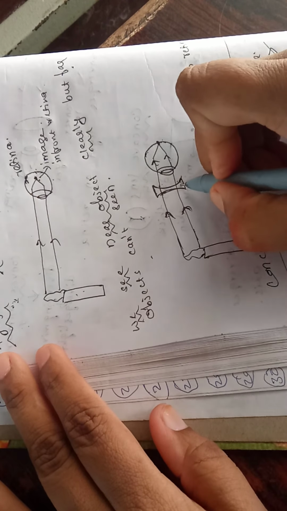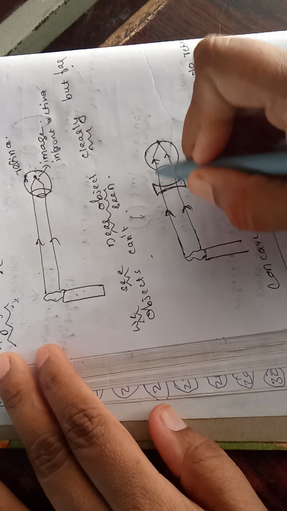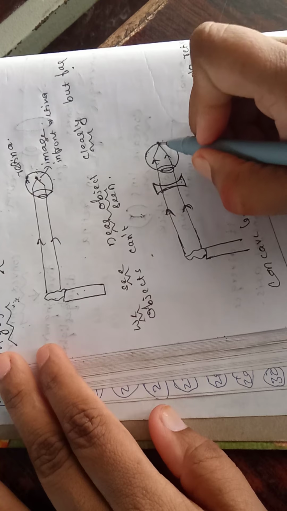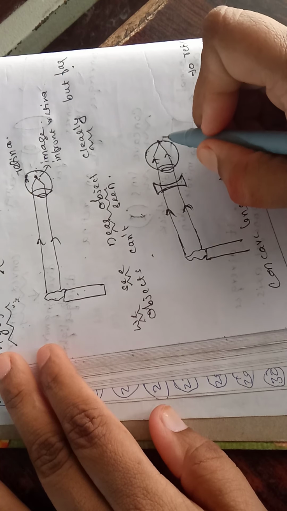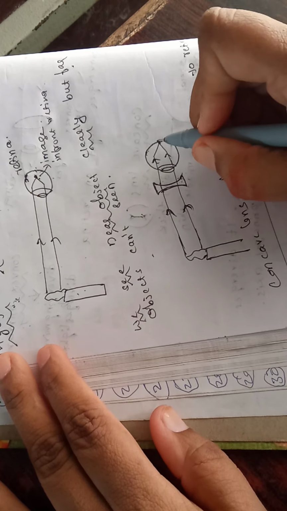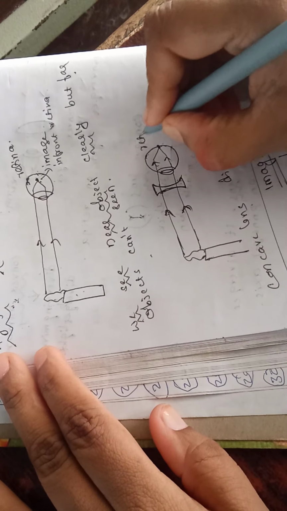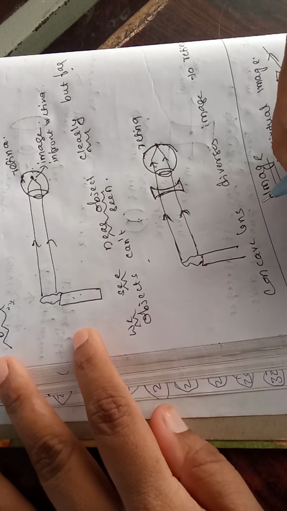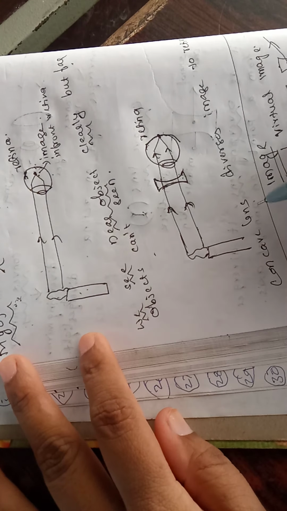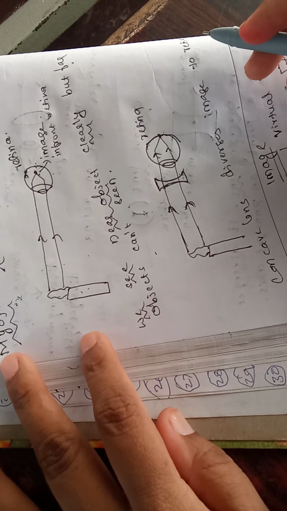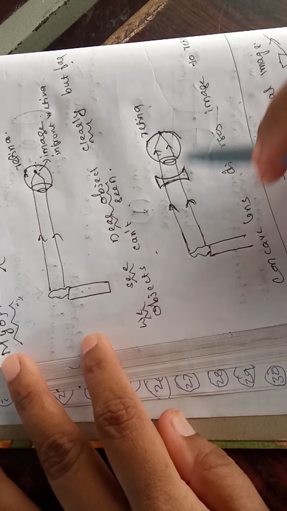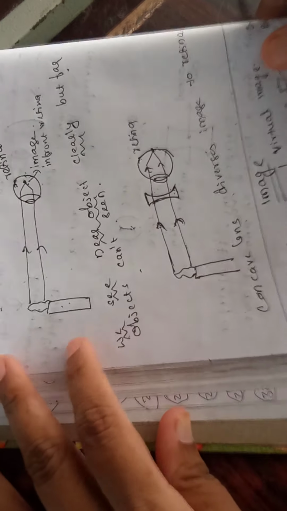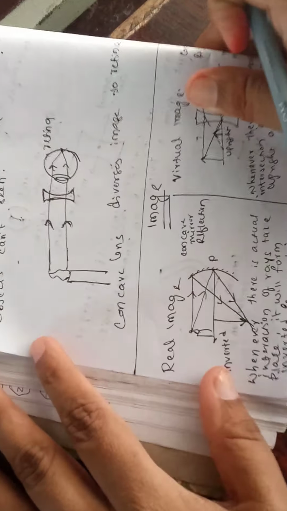This concave lens diverges the light rays so that the image forms on the retina. In such a way the concave lens diverges the rays to the retina and that person will be free from myopia.